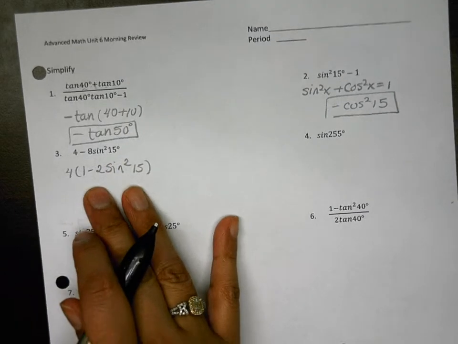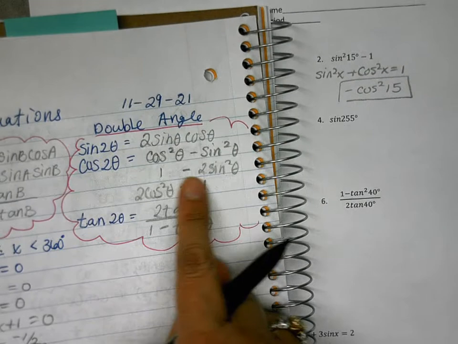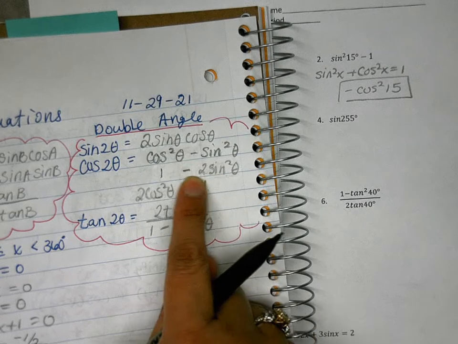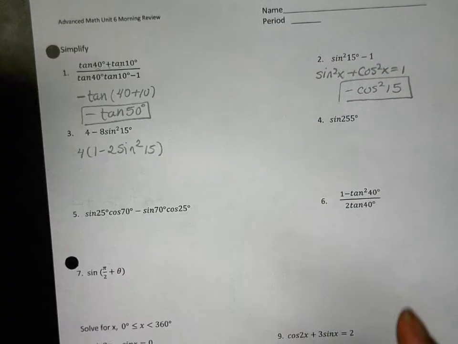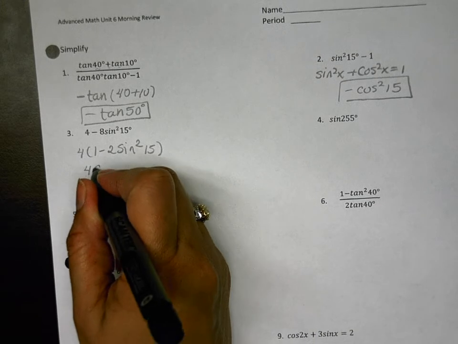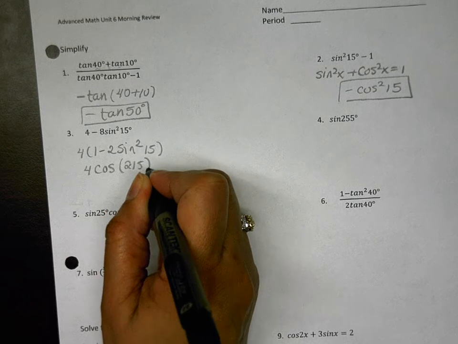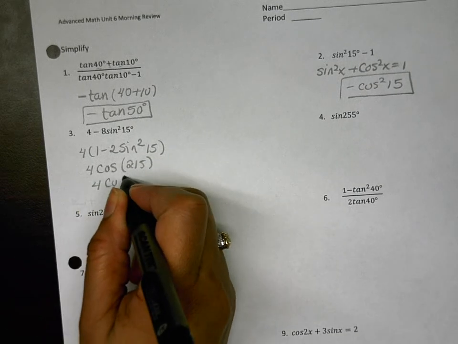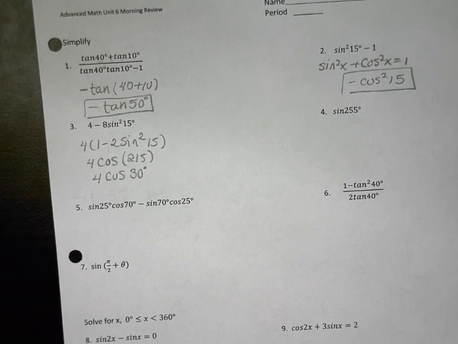Is that one of my double angles? Now this one does have the 2, so yes. 1 minus 2 sine squared. It's cosine of 2 theta. So 4 times cosine of double the 15. What's double 15? 30. And is 30 degrees a special angle?